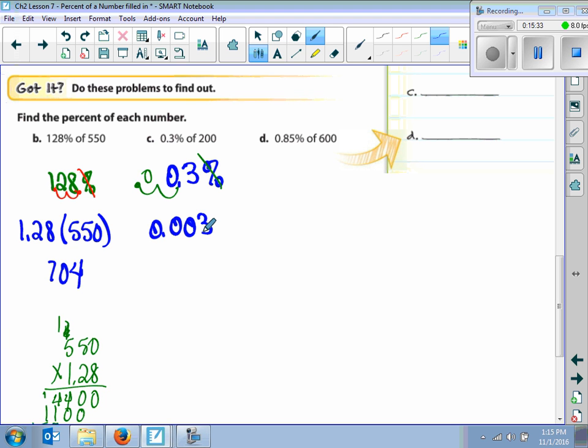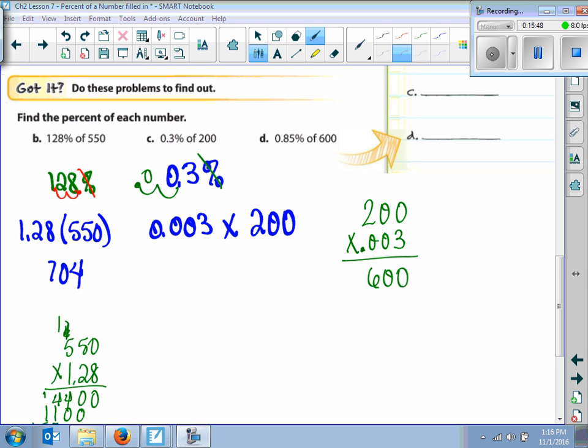And of means times. And what are we multiplying by? 200. Very good. Multiplying times 200. So now we have 0.003 times 200. Here we have the 3 times the 200, that's 600. We don't have to do those other two zeros.